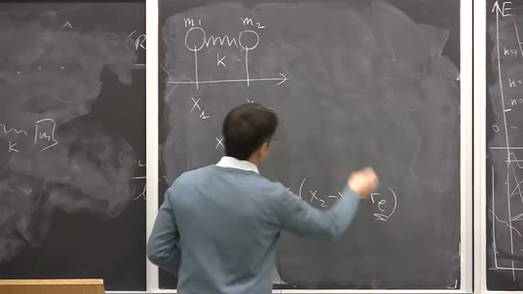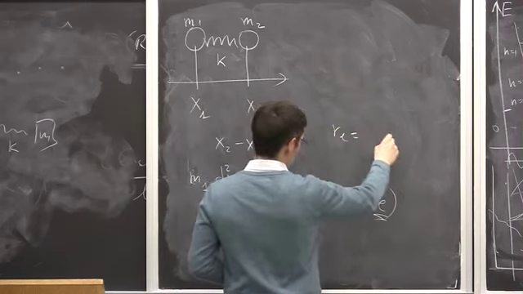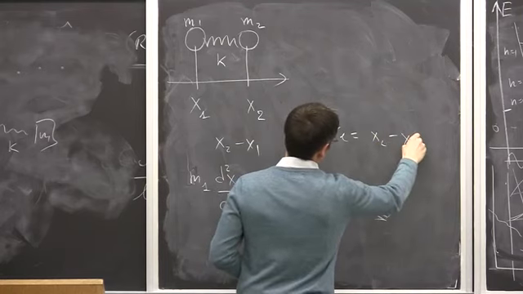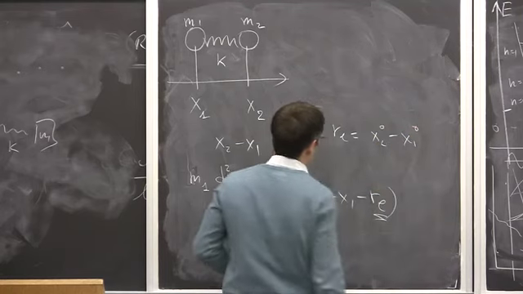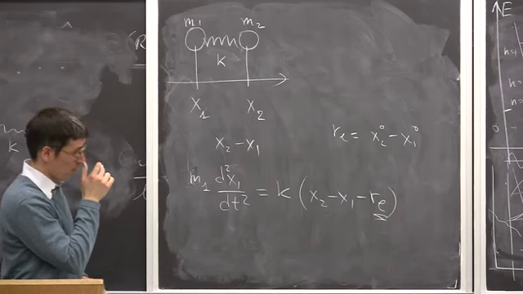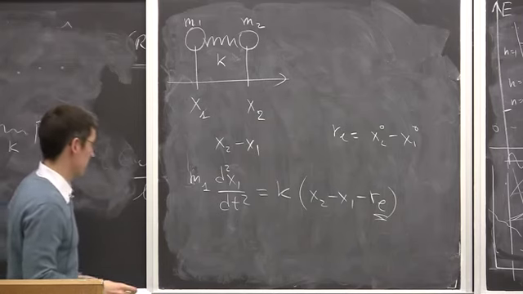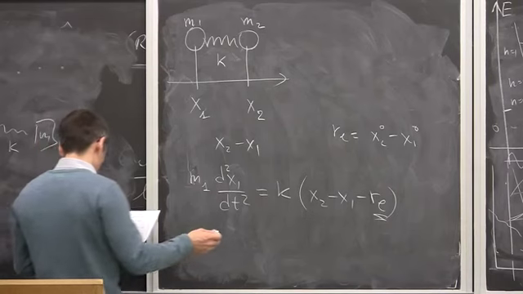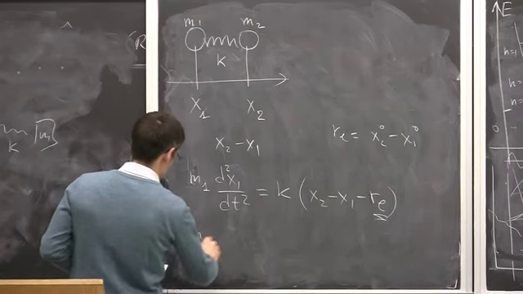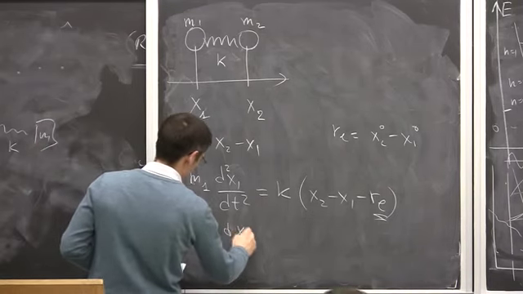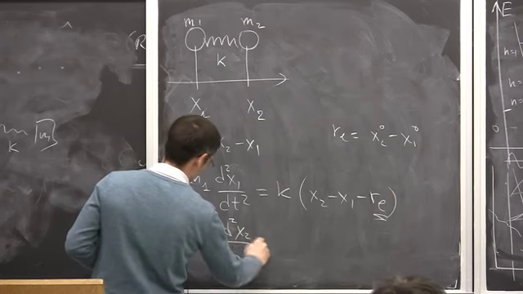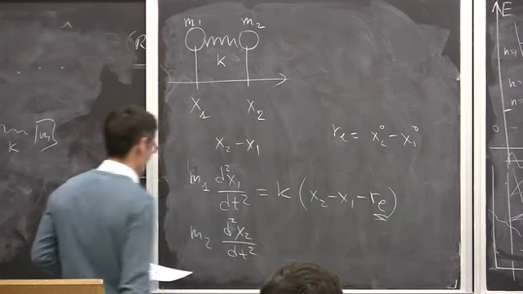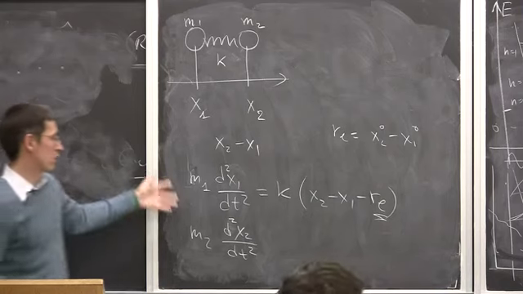This RE is the equilibrium position of our atoms, right? And then for the second coordinate, we can also write the Newton equation.